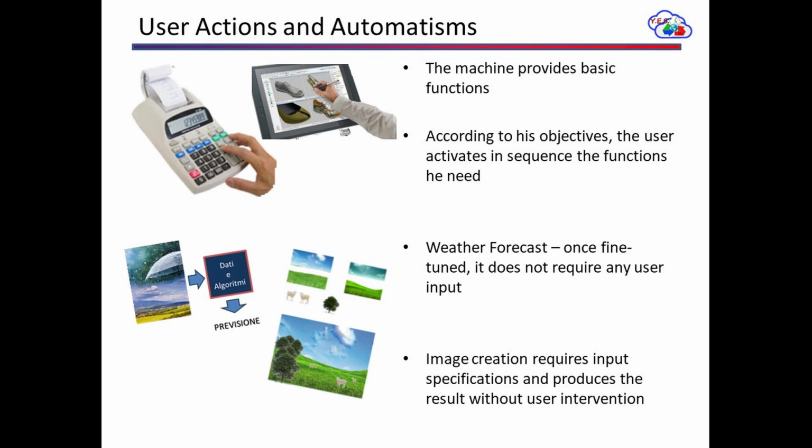The case of weather forecasting is different, and also the chain of elementary functions to build a rural image. Both programs do not require interaction with the user, and both programs produce different results depending on the input parameters that condition their processing. The intensity of the wind to establish rain yes or rain no. The set of input parameters to create different images.